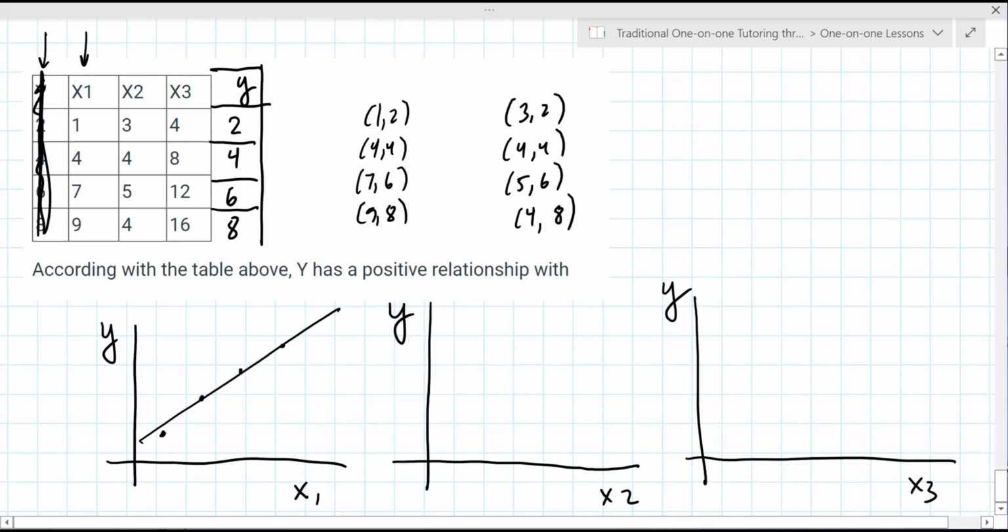So (3, 2), (4, 4), (5, 6), (4, 8). That one's a little wonky. It does kind of have an up relationship. It's not great.